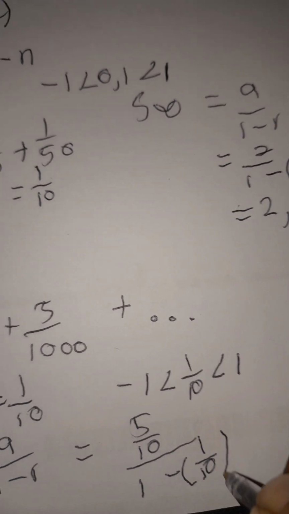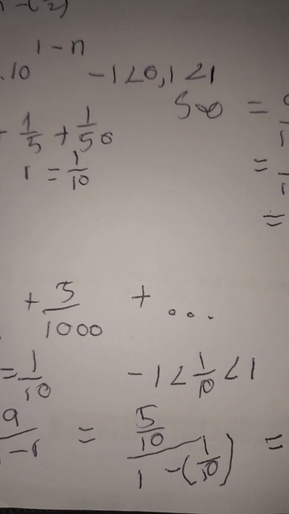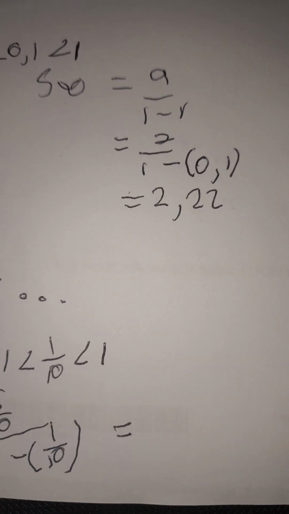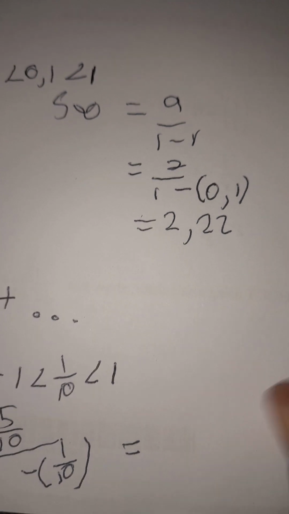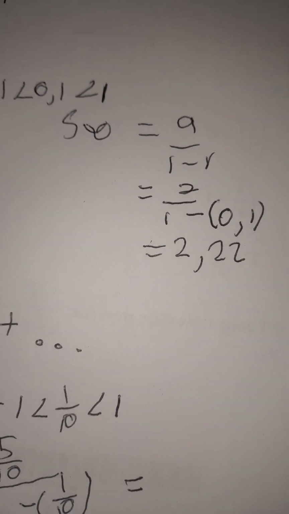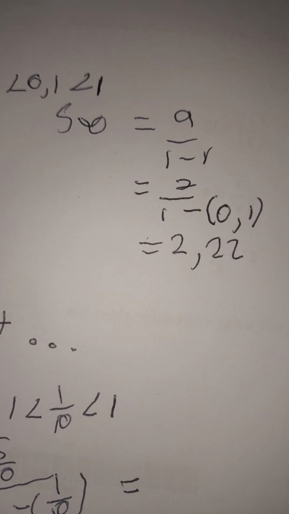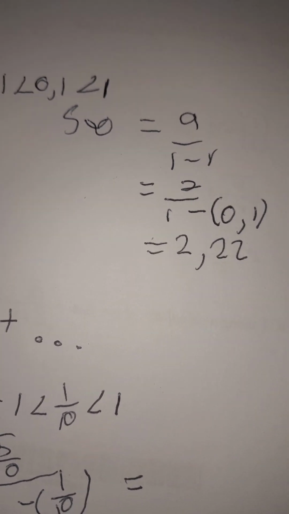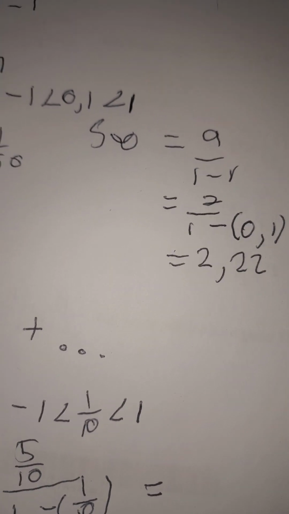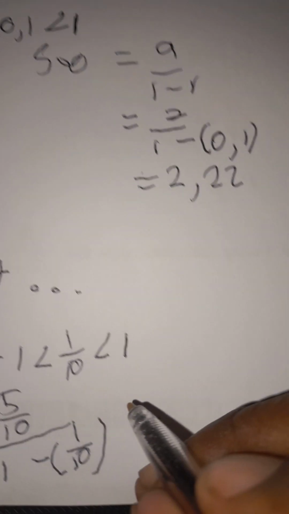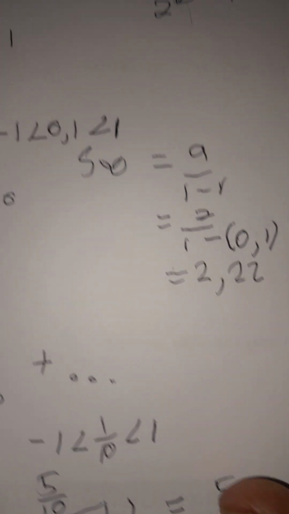R is 1 over 10, or you could say 0.1. Then we say 5 divided by 10, over 1 minus 0.1, or 1 over 10. What are you getting there? You're getting 5 over 9. So the sum to infinity will be 5 over 9 in this case.